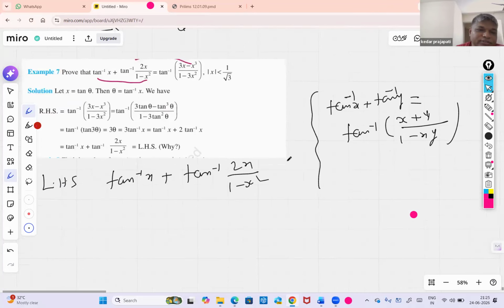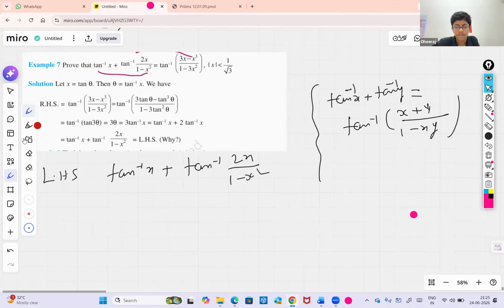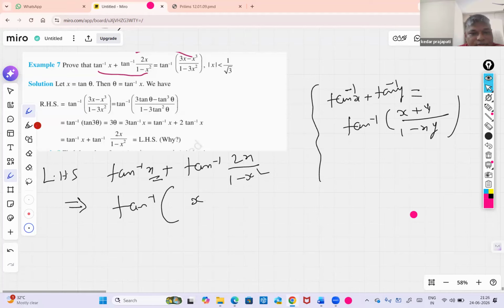Can we try putting this? So this will be tan inverse, this is x and this is y.